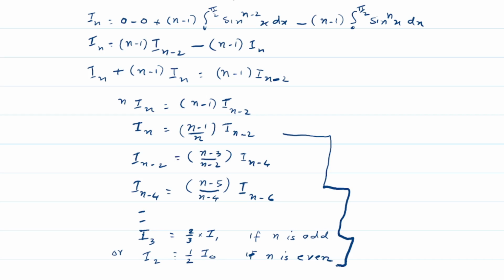So combining, we will get the integral from 0 to pi by 2 of sine raised to nx dx, that is equal to I_n. So I_n equal to (n-1) divided by n, I_{n-2}, that is equal to (n-1) by n.